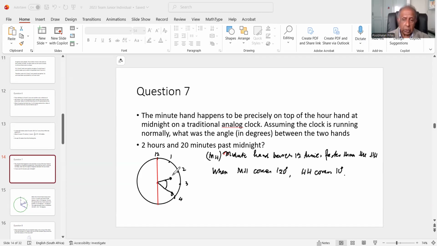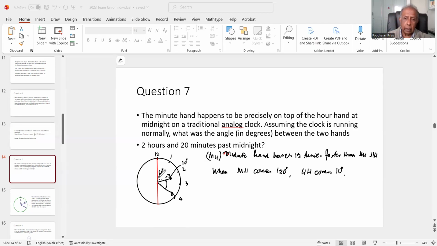So it was at 2 originally, which was 1/6 of a revolution, because 12 is one revolution, 2 is 1/6. This angle here would have been 60 degrees. And now this hour hand has moved through another 10 degrees. So that's 70.